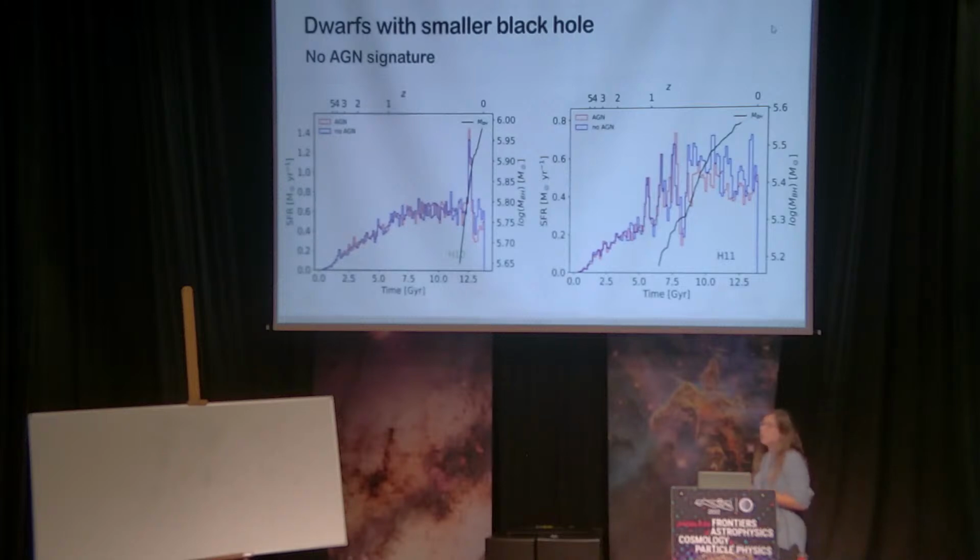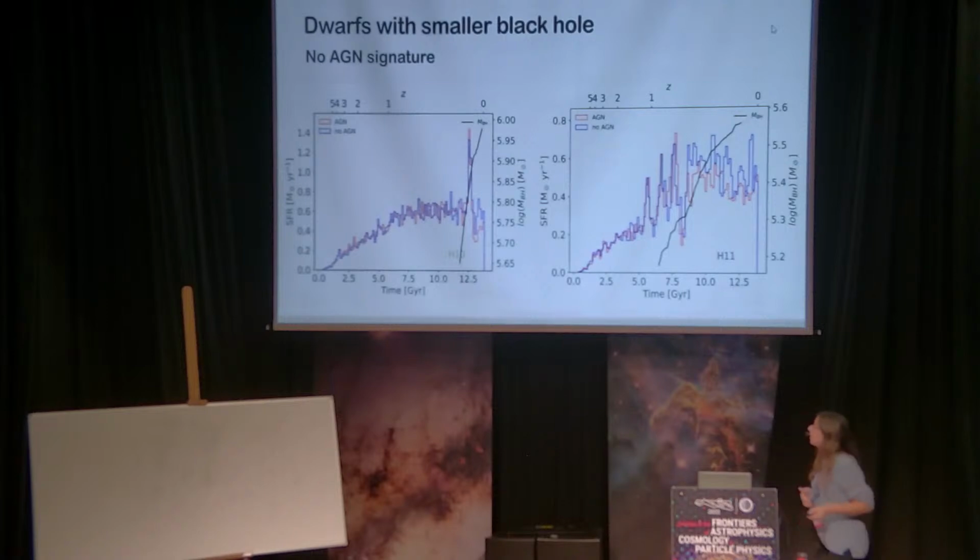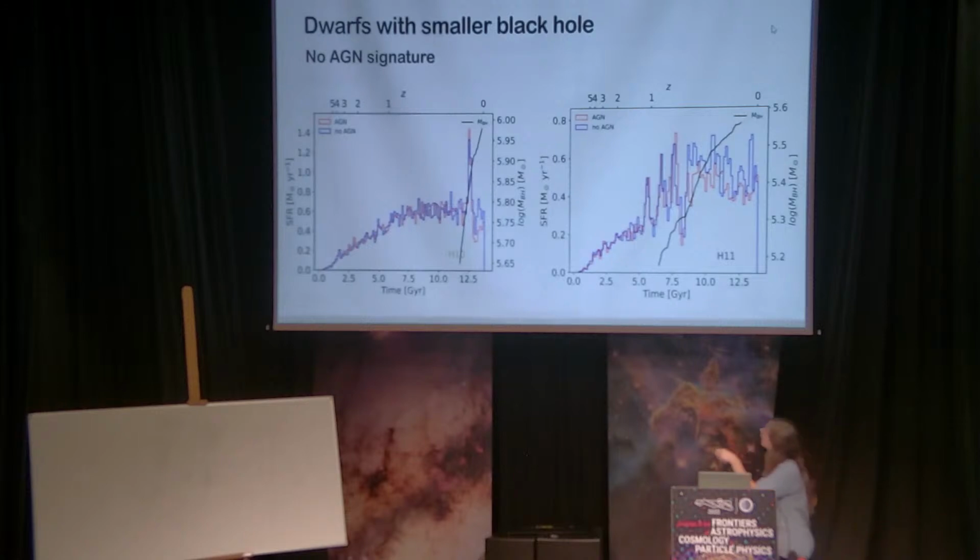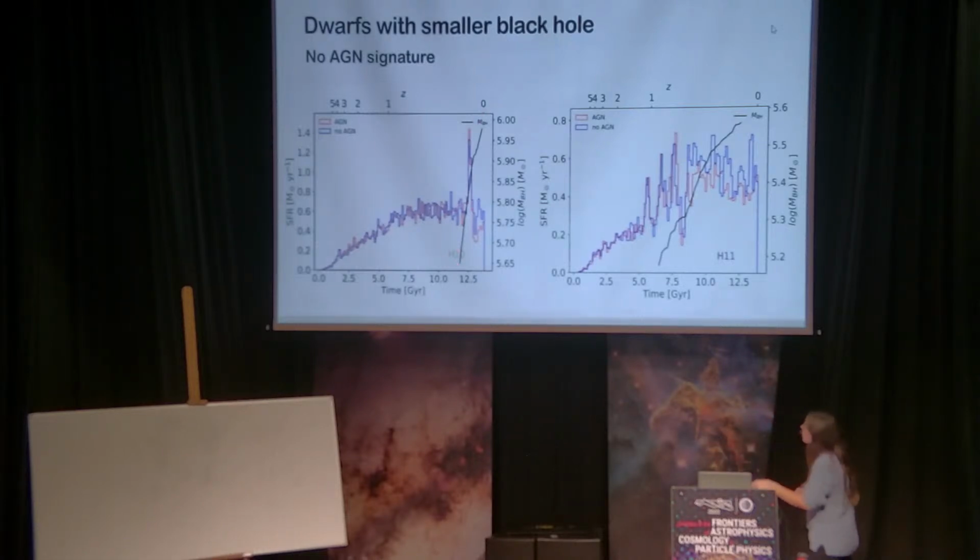Now I am going to look into those galaxies that have a smaller black hole and those that have the largest black hole. For those that have the smaller black hole, you can see how, for example, in this one, the red line is the configuration with the AGN, and the blue line is the configuration without AGN. You can also see in the black line the evolution of the black hole mass through time.